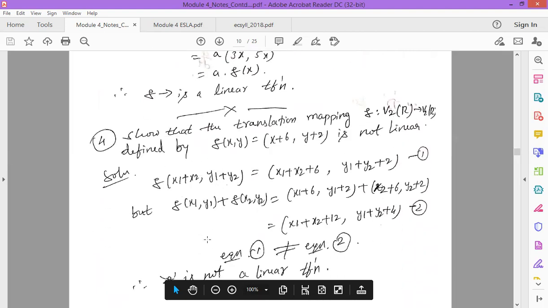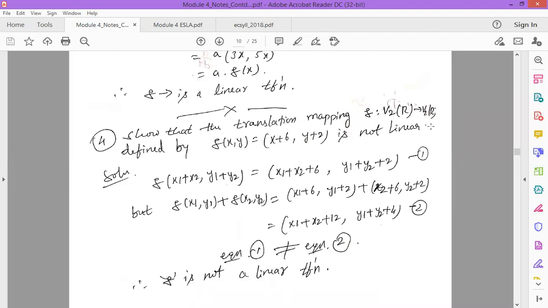And next, one example we'll take in order to show a non-linear transformation function. So here it is given that f is such that V2 of R is transformed to V2 of R, which is defined by f of x comma y is equal to x plus 6 comma y plus 2, is not a linear transformation function.